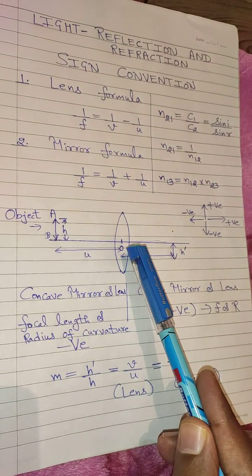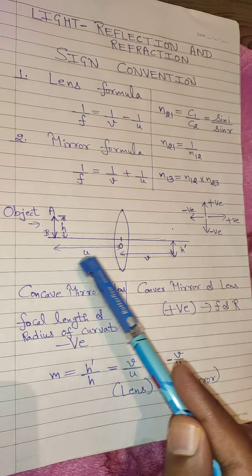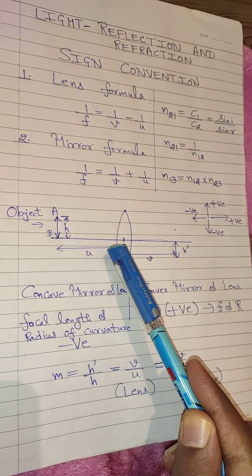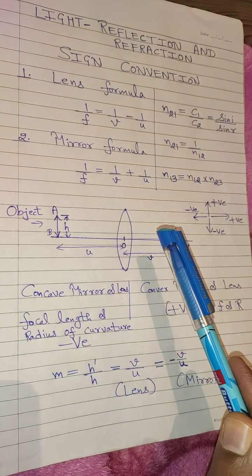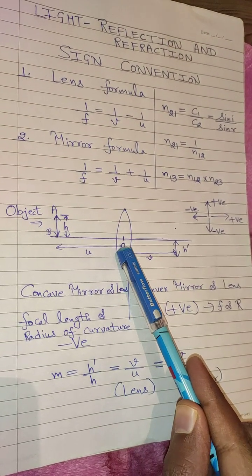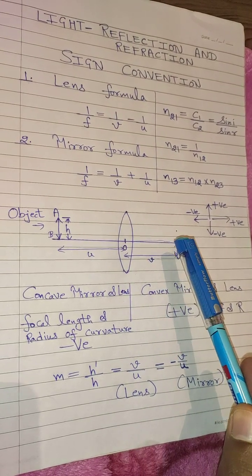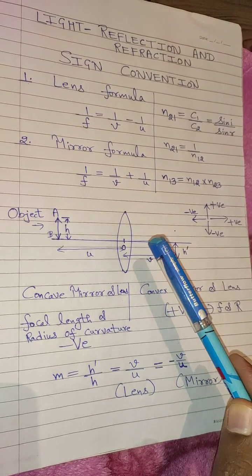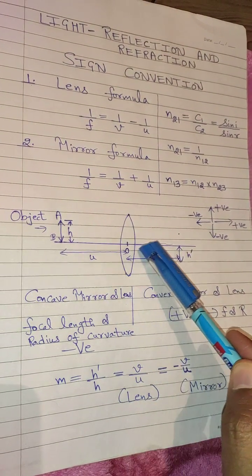The distances measured from the left-hand side of the optical center will be counted as negative, and all the values measured on the right-hand side of the optical center will be counted as positive, and this line is called the principal axis.